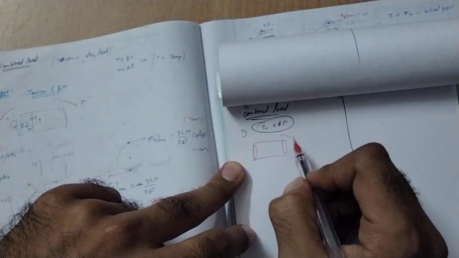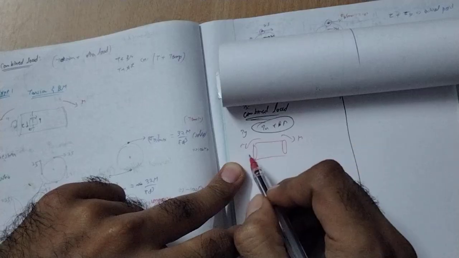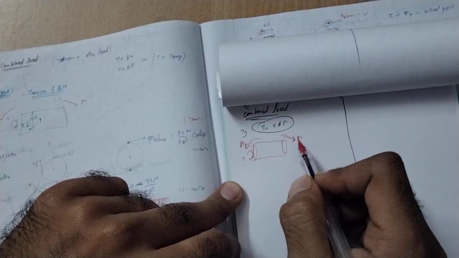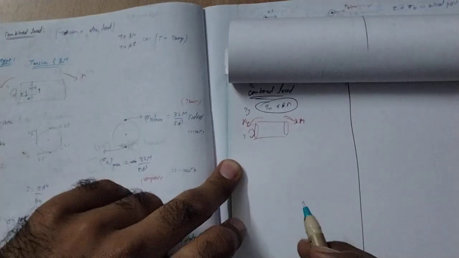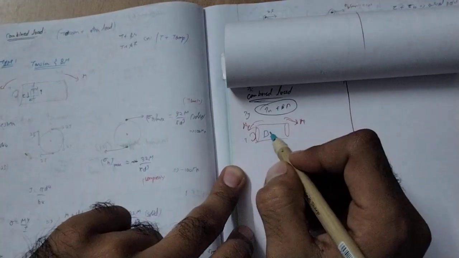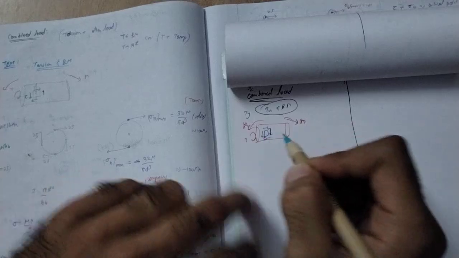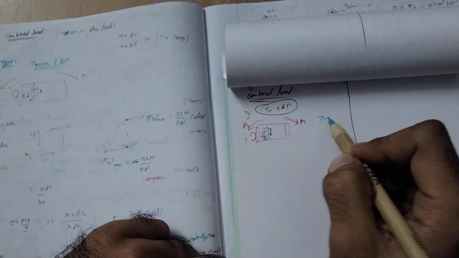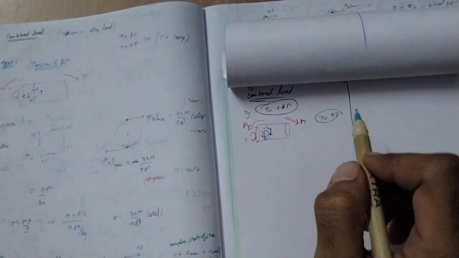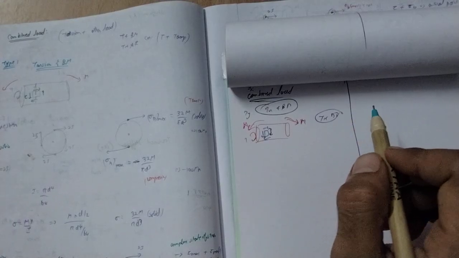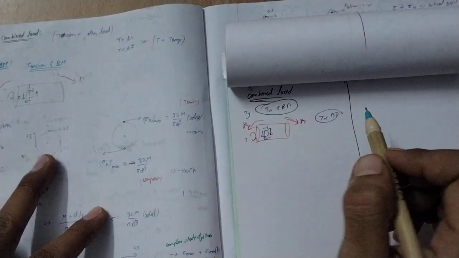So like this, and the moment is given like this, and torque T is given. So only torque plus a bending moment is given. Okay, so you can see this one. Okay, how the thing will be here.